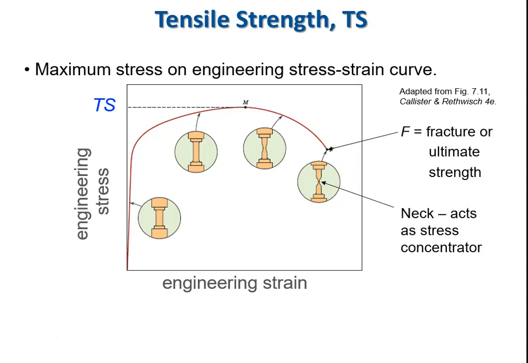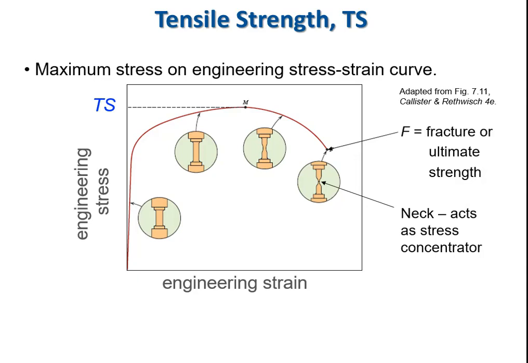And you're going, now wait a minute, how can the load be increasing but the stress is decreasing? Well, what's actually happening is we get what's called necking. We get a localized deformation where the average area doesn't really decrease that much, but in one local spot it decreases significantly.